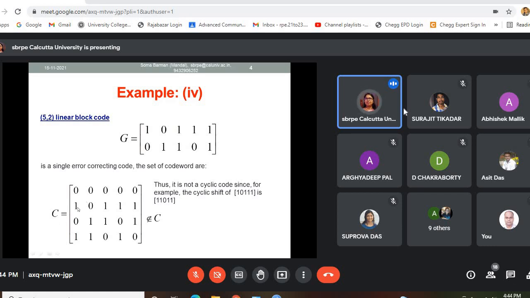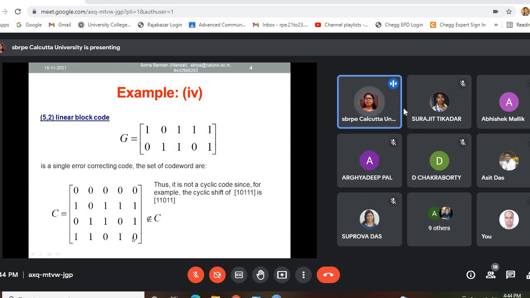Now if I shift right circularly 10111, 1 will be in this position, this 1 will be in the second position, so 11011, no, this is 10.